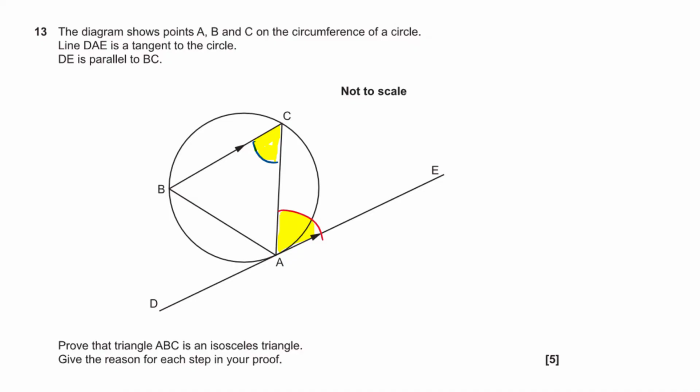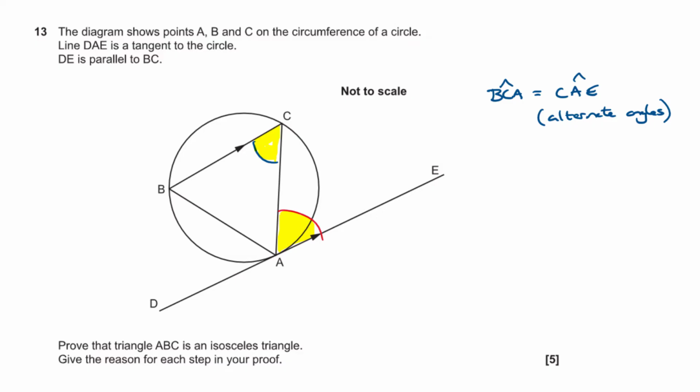We can say that angle BCA is equal to angle CAE. And the reason for that is alternate angles.